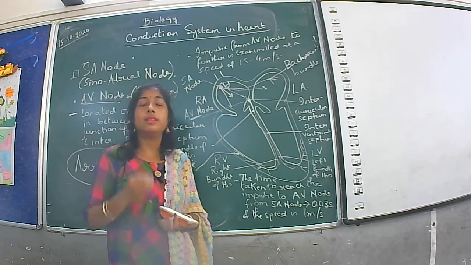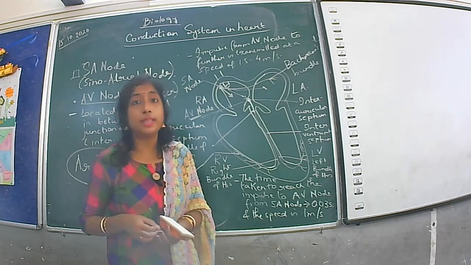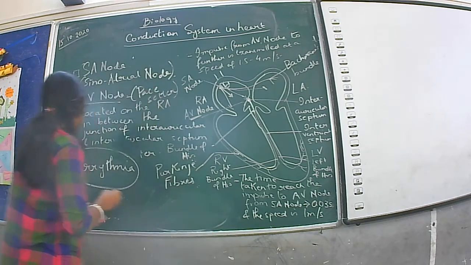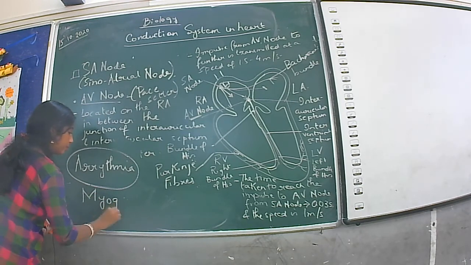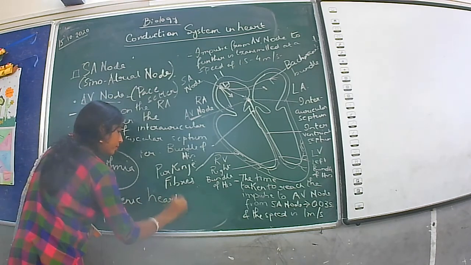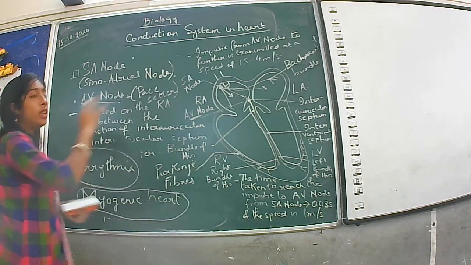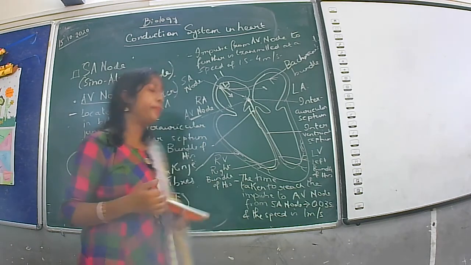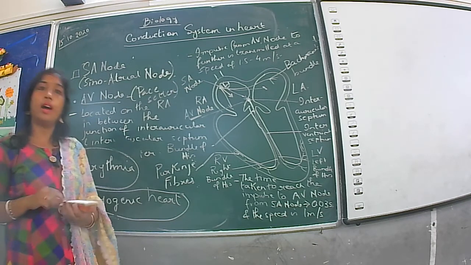Since the impulse is generated and transmitted through the cardiac muscles, this type of heart is known as a myogenic heart.